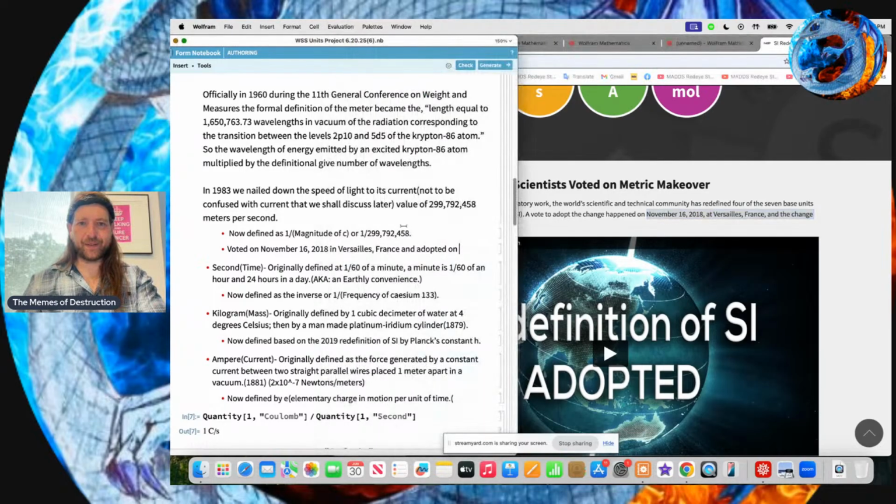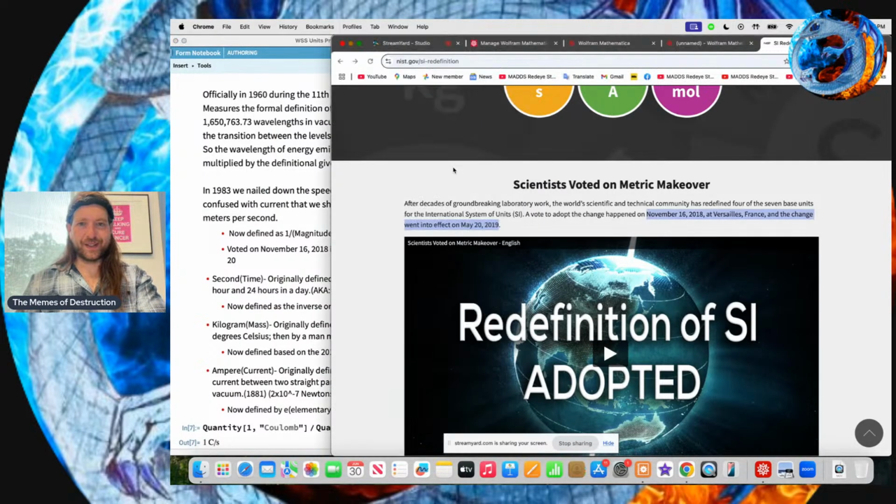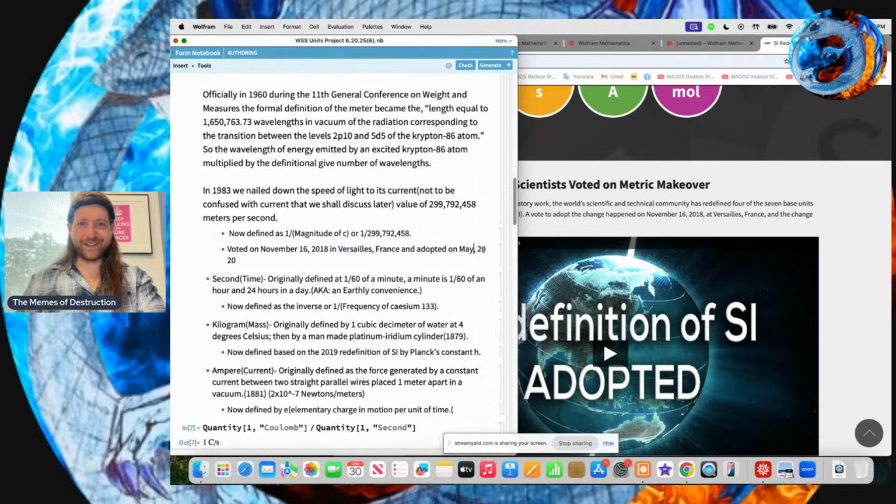May 20th, 2019. You always forget where to put those commas. Those commas make a difference, especially if you're doing code. And language, that's basically a code. Or code is a language, I don't know.